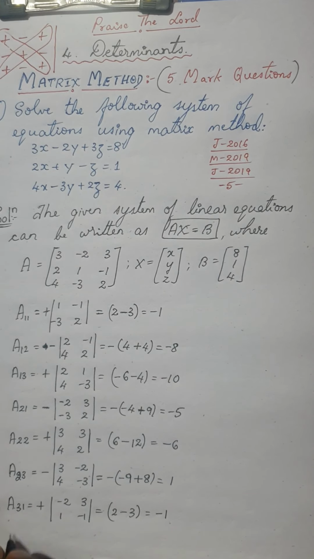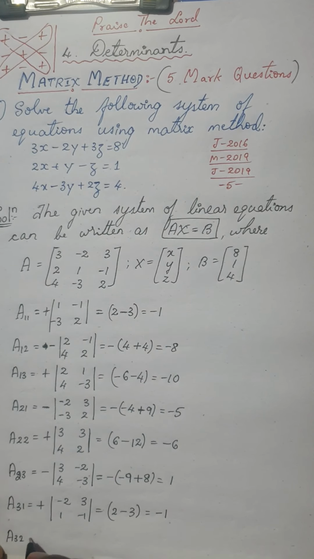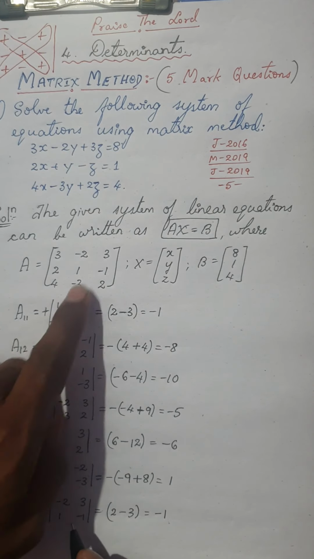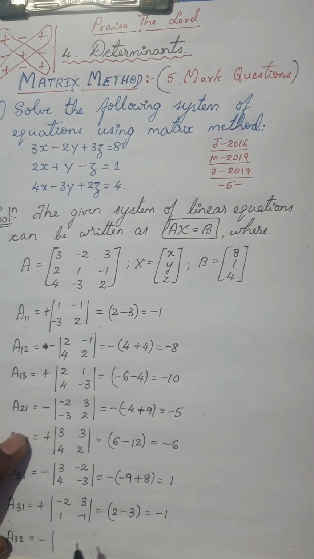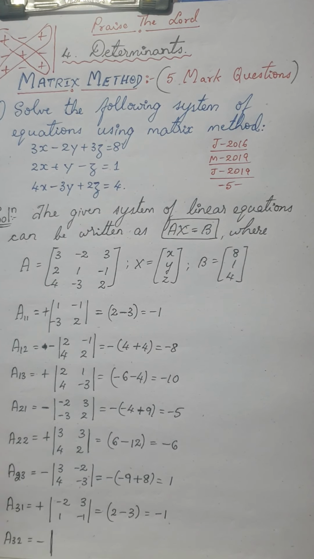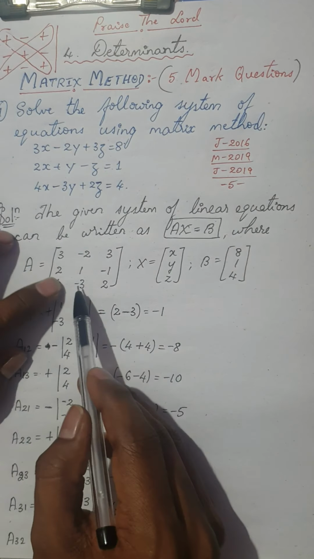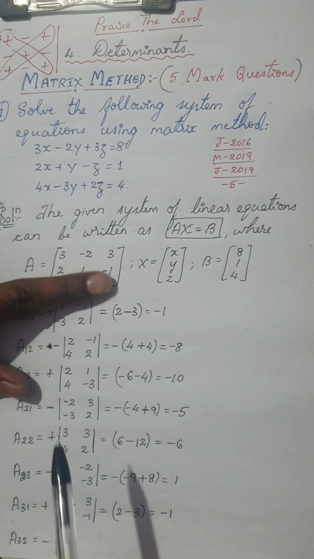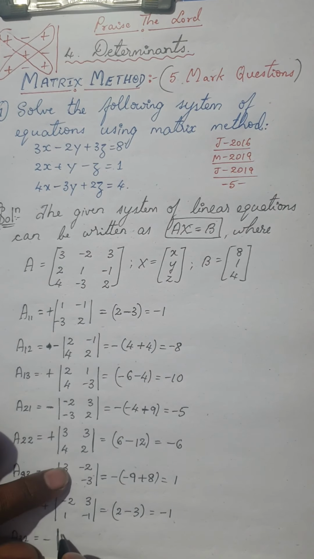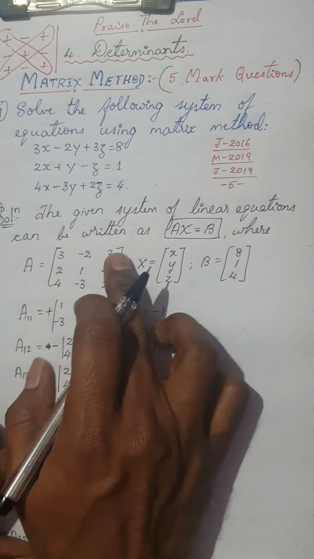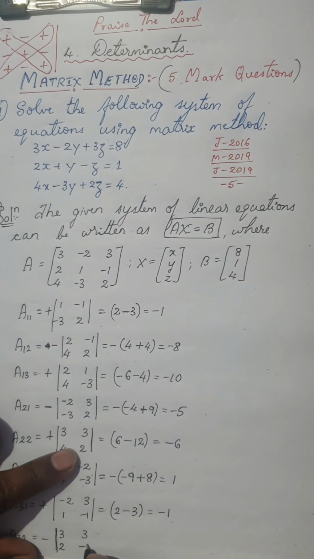Okay. Now finally, A32. A32 is, remember this element, it is negative here. For this element, take away the row and the column, you will get 3, 3 and 2 and minus 1.